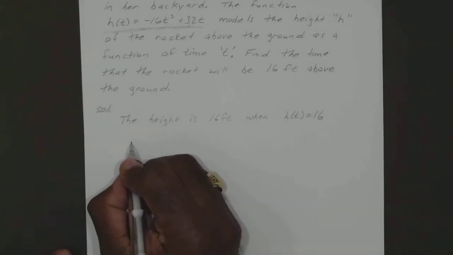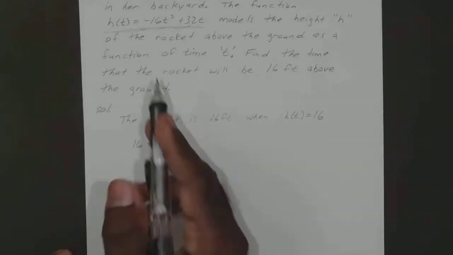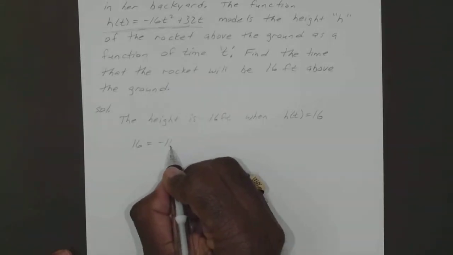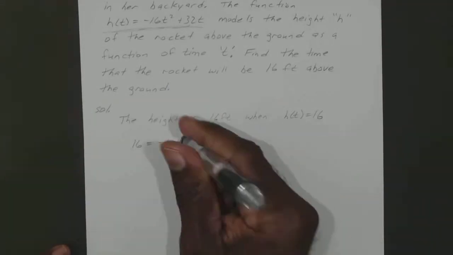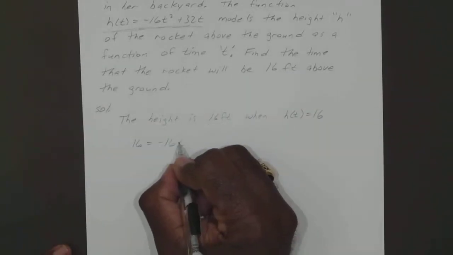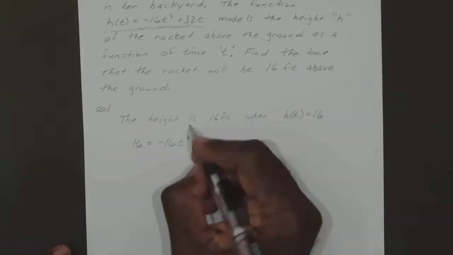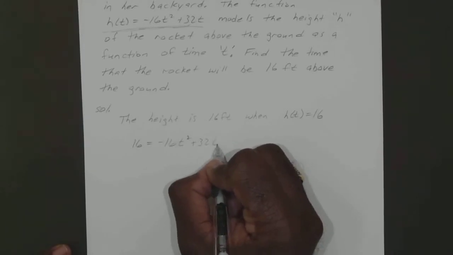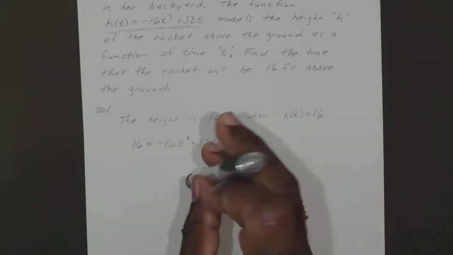So that means you have 16 equals negative 16t squared plus 32t.